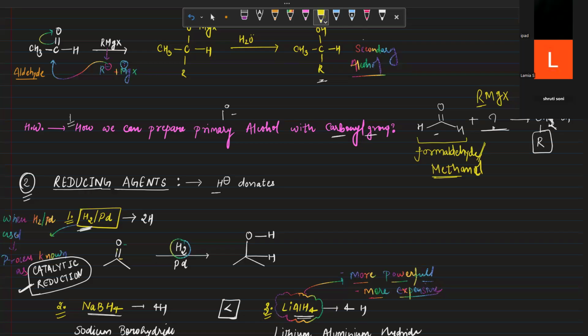Hydroboration-oxidation? Are you sure? In ring expansion, a carbocation is generated. Yes or no? Yes. So carbocation is formed in hydration, not hydroboration-oxidation.